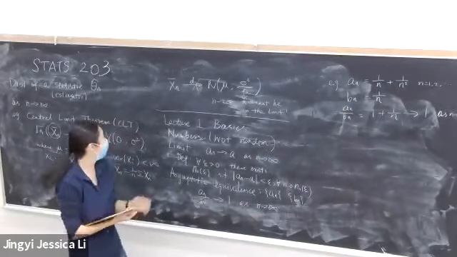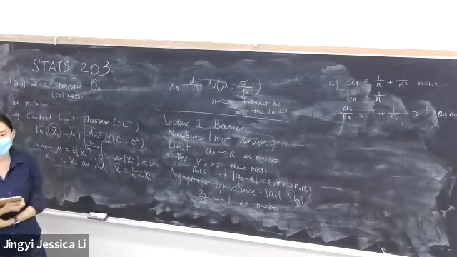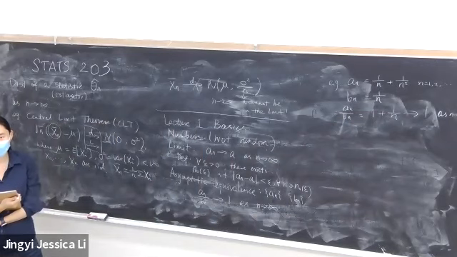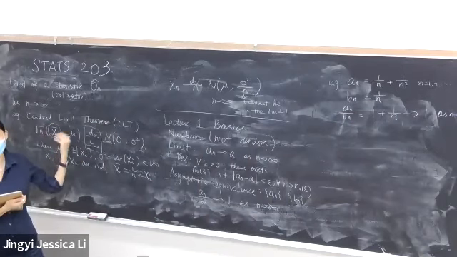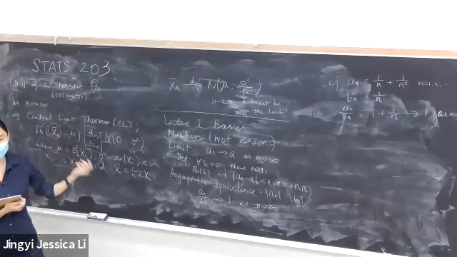You can think of this whole large sample theory as an approximation. This is especially important for mathematical statistics, especially in the old days when we needed to do a lot of derivations by hand, not by computers. So simplification often relies on approximation, and these asymptotic tools are a way to do approximation.